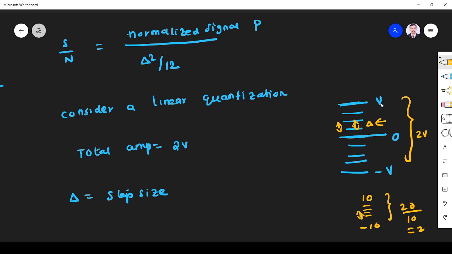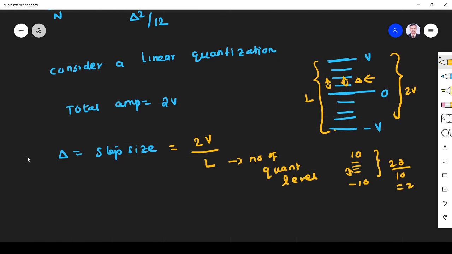In the same manner, if I divide the total range by the number of levels L, I find the step. So del is equal to 2V by L, where L is the number of quantization levels. We know L is equal to 2 power n, in terms of bits. So del is 2V divided by 2 power n. This is the step size we found.